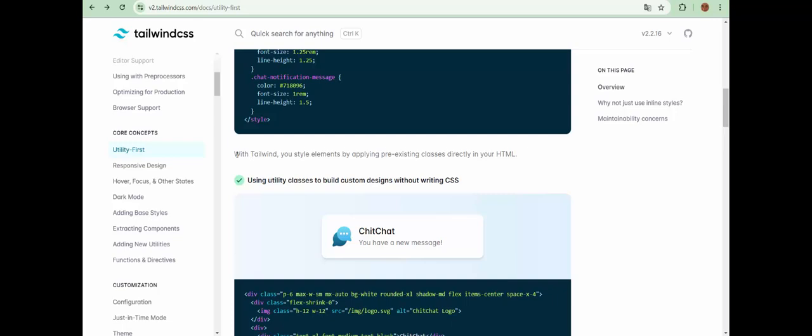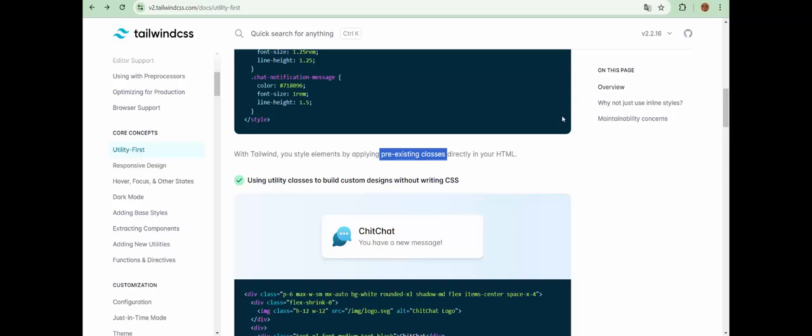But here it is with Tailwind. You style elements by applying pre-existing classes directly in your HTML.